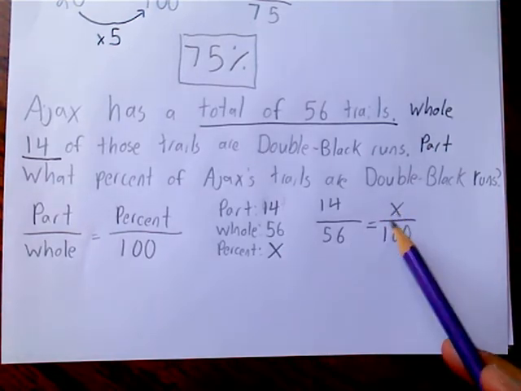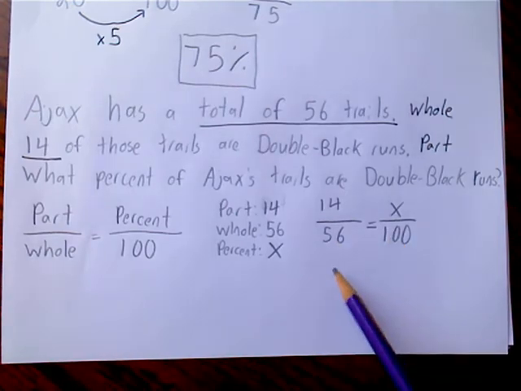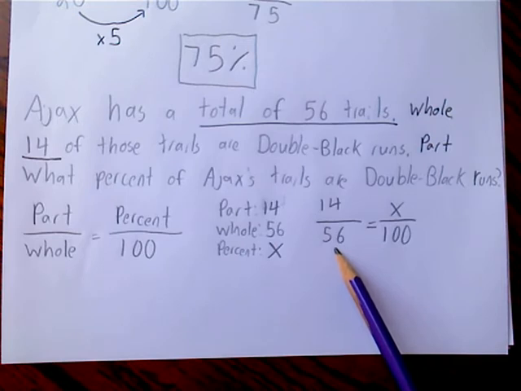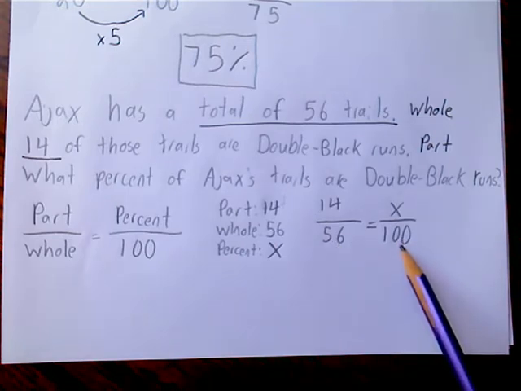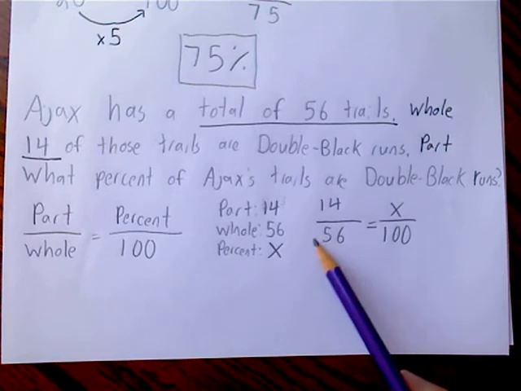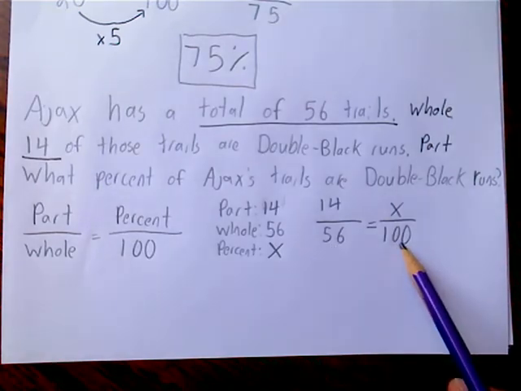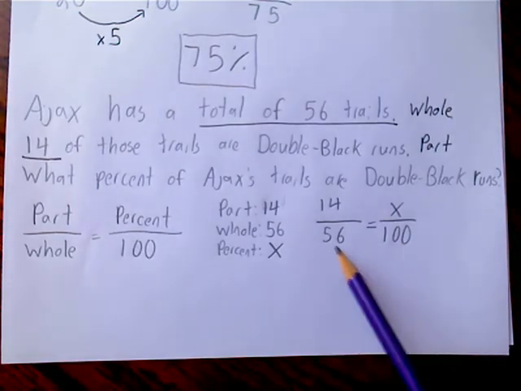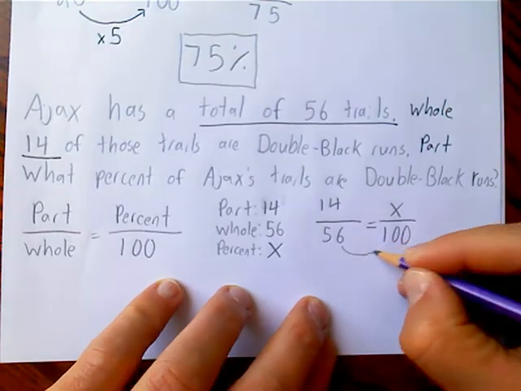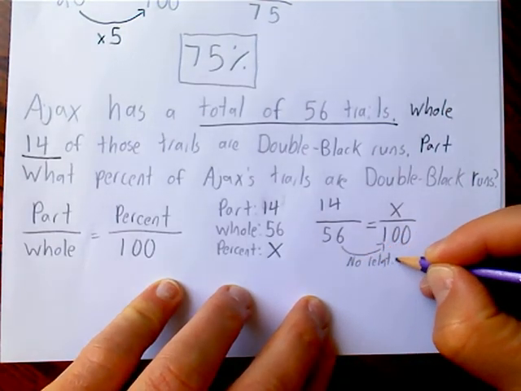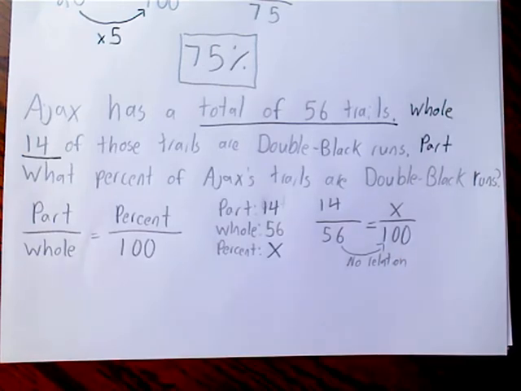Let's solve for X. We're always looking for a relationship first. Is there a nice relationship here between 56 and 100? No, because I've memorized my factors of 100 and I know that 56 is not one of them. So I can't multiply the 56 and get something nice over here. So when I have no relationship, I need to solve algebraically.